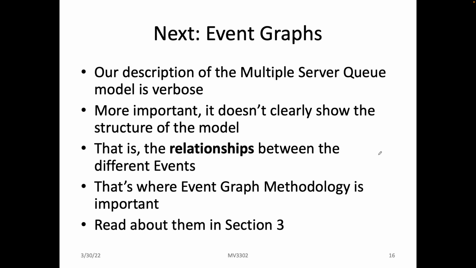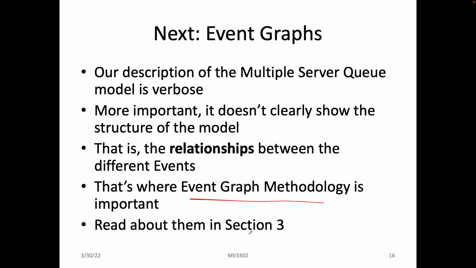One of the key elements of these discrete event models is the relationship between the different events. Obviously, the events and the state transitions are of utmost importance, but the relationships between the different events are also key to understanding how the structure works. And that's where the event graph methodology comes in.